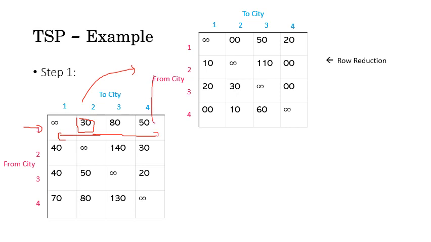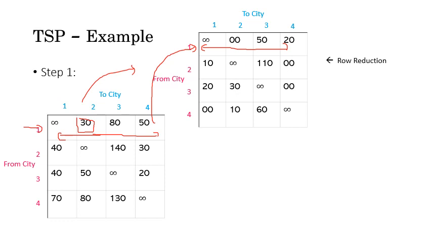And if you look at row 1 here, 30 minus 30 is 0, 80 minus 30 is 50, and 50 minus 30 is 20. So that's how we have obtained the first row here. Similarly, you can compute for rows 2, 3, and 4 by pausing the video. So after row reduction, you can observe that every row contains at least one 0.